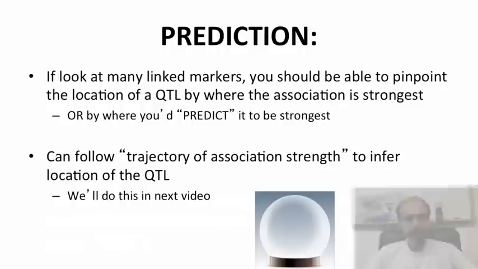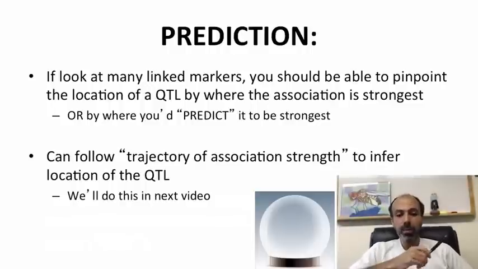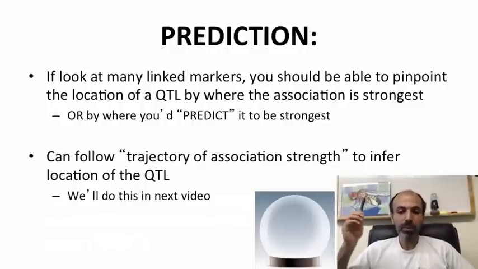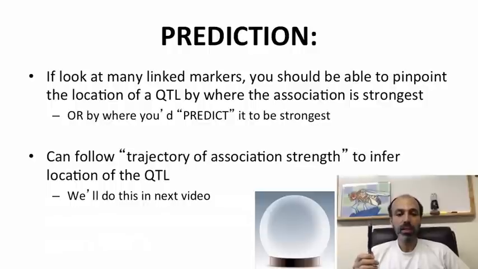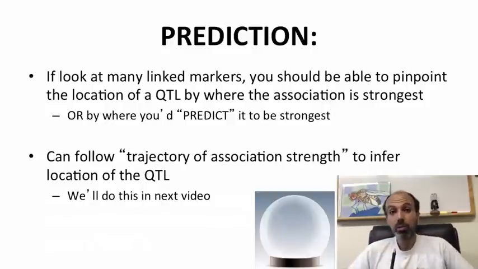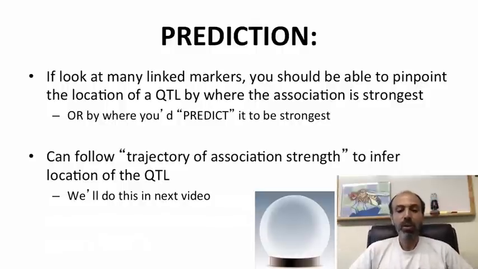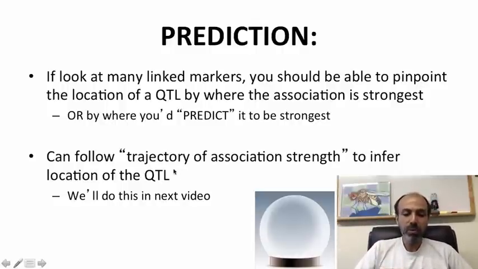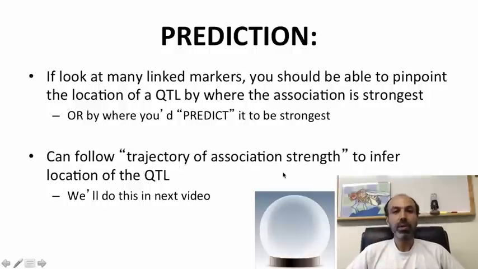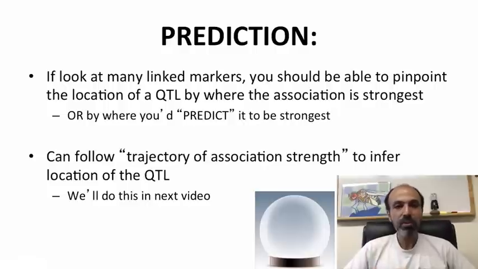So from this, we generate a prediction that if we look at many linked markers, we should be able to pinpoint the location of the QTL by where the association is strongest, or where we predict it to be strongest. Like we'll infer a continuing association going further along there. So to do this, we'll follow the trajectory of association strength to infer exactly where this QTL will be. Now we'll do this in the very next video.